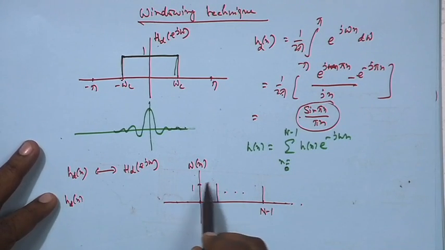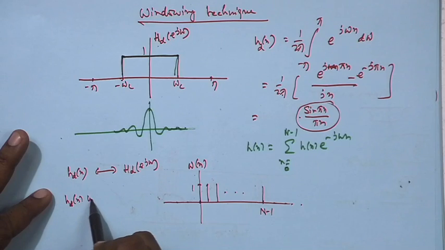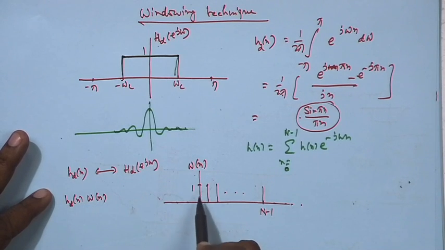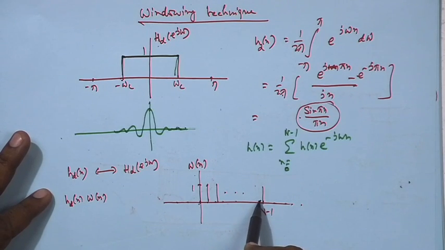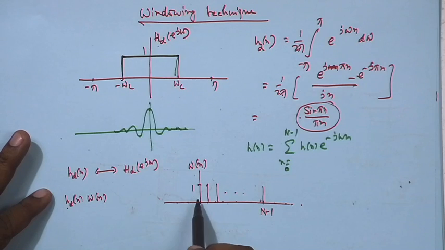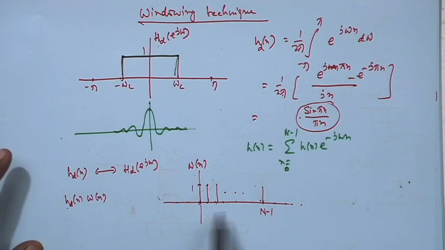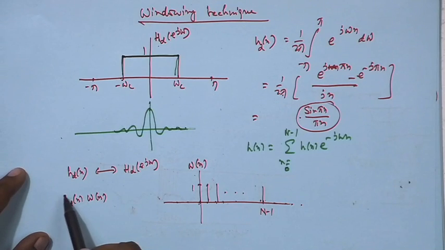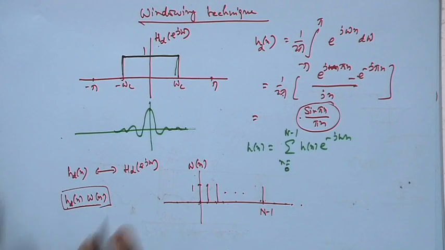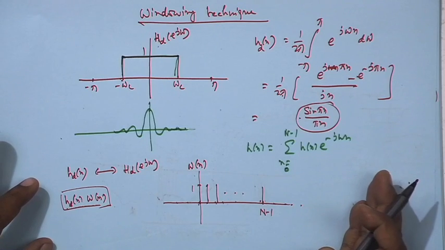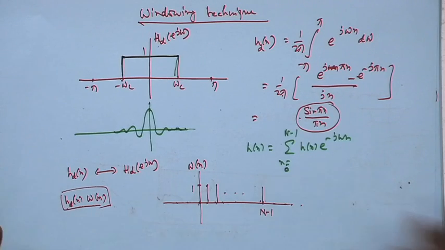So, I multiply h d n by a window w n. That means, only the coefficients of h d n at these points will get multiplied by 1. So, they remain as they are, otherwise they will be 0. Okay. So, I am approximating, rather truncating the original h d n to the right of n minus 1 and to the left of origin to 0. So, it is an approximation.